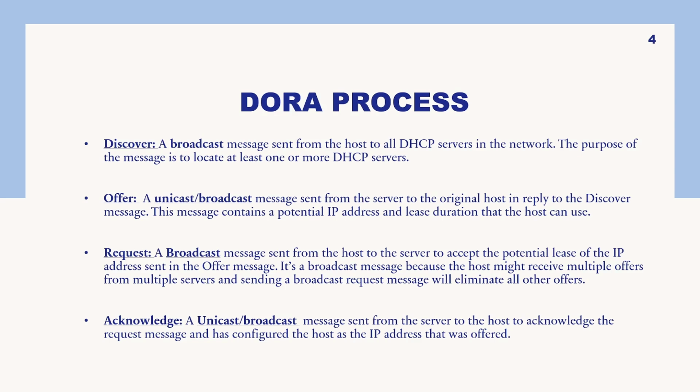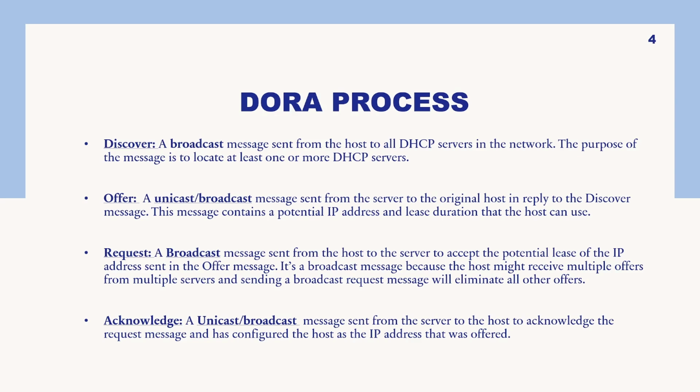I have a potential IP address you can use, and this is the lease duration you'll get. When the host gets this message, it will say, okay, this is good, but it may also get multiple offer messages if there are multiple DHCP servers in the network.